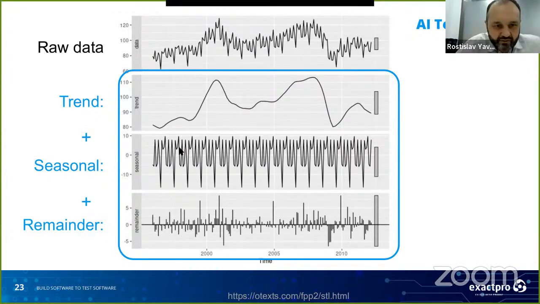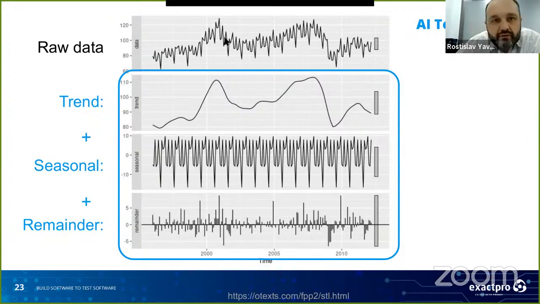So you see that, okay, we assume that this seasonal graph is kind of normal behavior, and this trend is, okay, the explainable part of your data. And then you just try to find the best approximation of these two. And then the remaining part, the remainder, is located here.